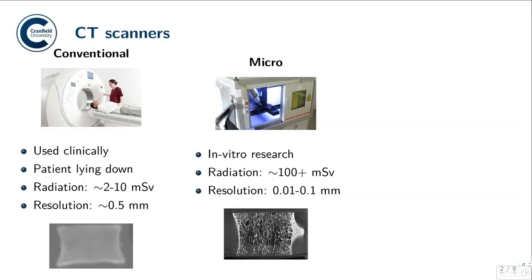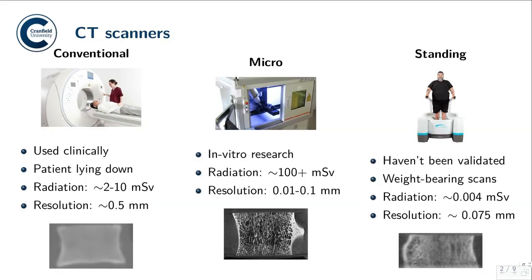Nowadays there's also a new technology called the standing CT scanners, where the patient is able to stand instead of lying down on the table, and the radiation is way lower than the micro or even the conventional one, but the resolution is better than the conventional, even though not as good as the micro CT scanners.